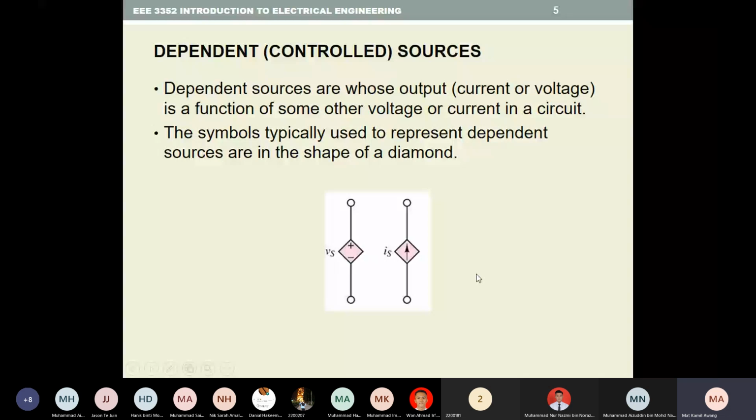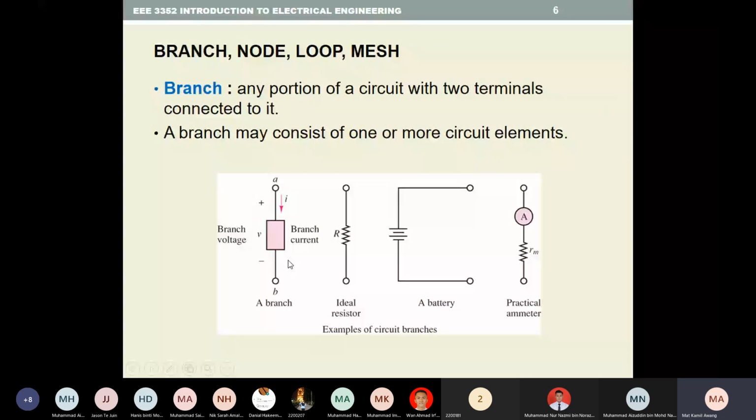Now, these are some other terminologies that you need to understand and remember. In the exam, in test 1 and finals, we ask you to give the definition of these terms. For example, branch. A branch is any portion of a circuit with two terminals connected to it.